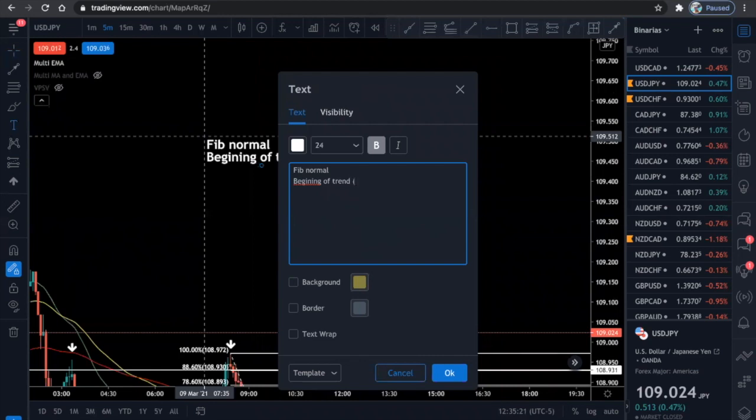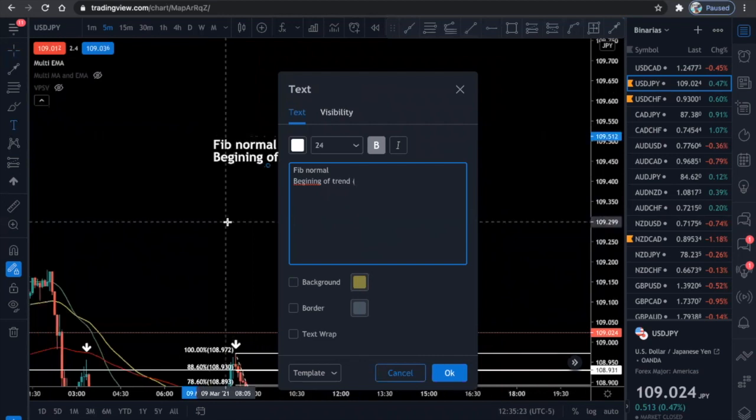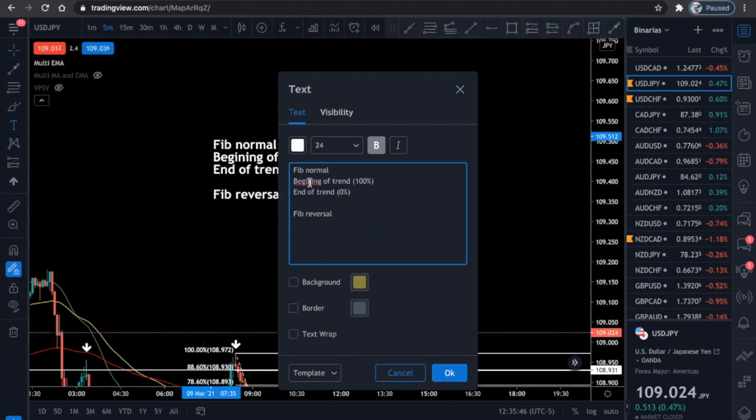This needs to be your 100%. And the end of trend is your 0%. And if you have fib reversal, you want to have the exact opposite.